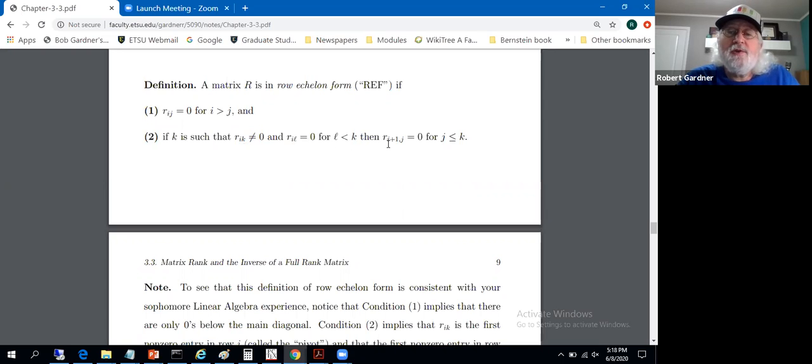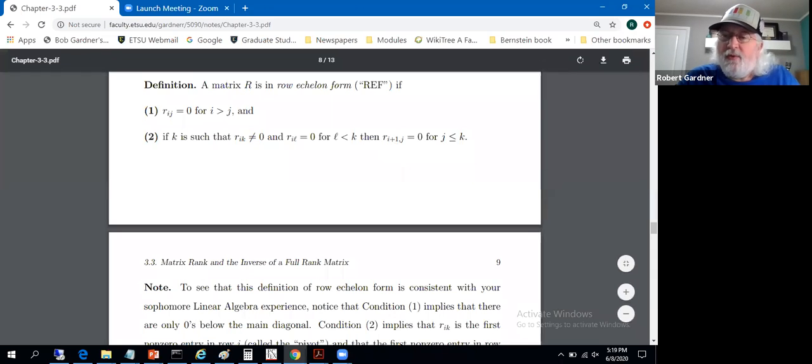Then R sub I plus 1 comma J equals 0 for J less than or equal to K. All right, that means if you go to the next row, you've got zeros below this pivot, and preceding it as well. So the second part means that the pivots go down and to the right, strictly to the right. And that's what row echelon form is.